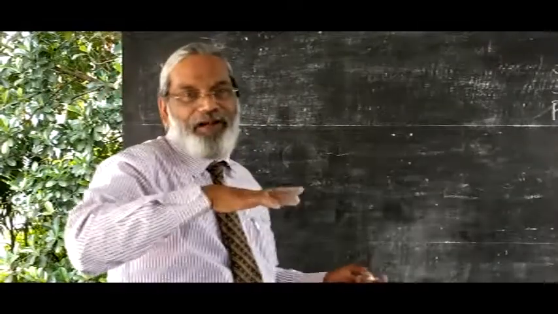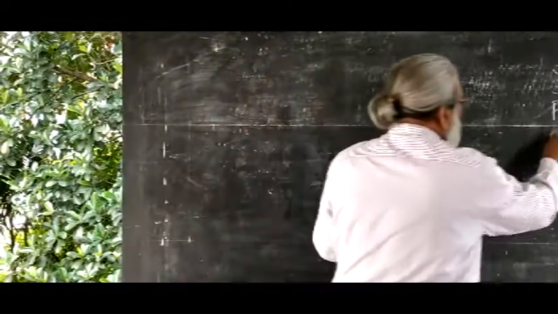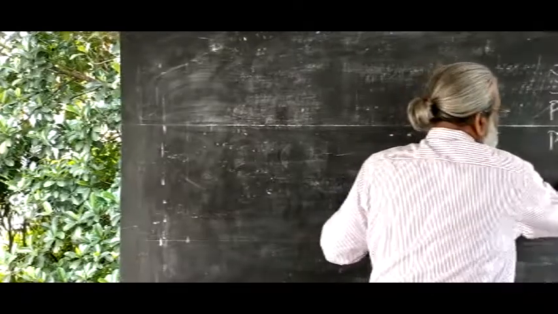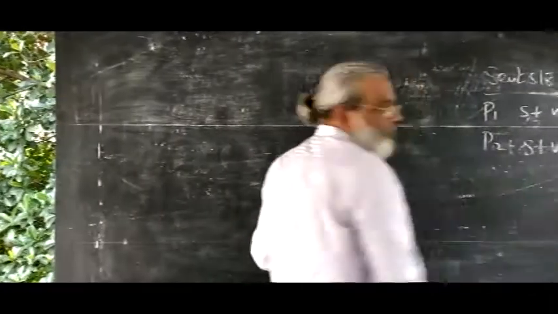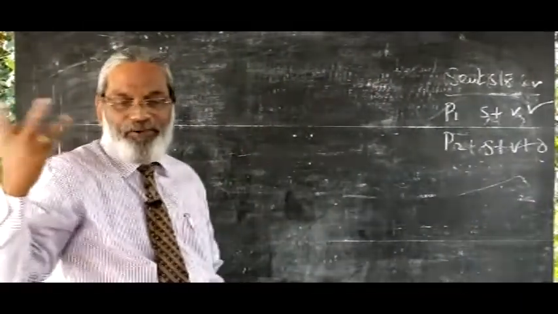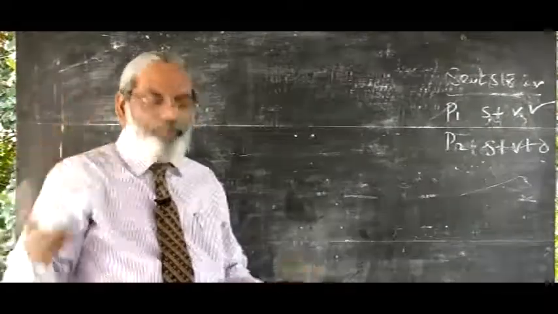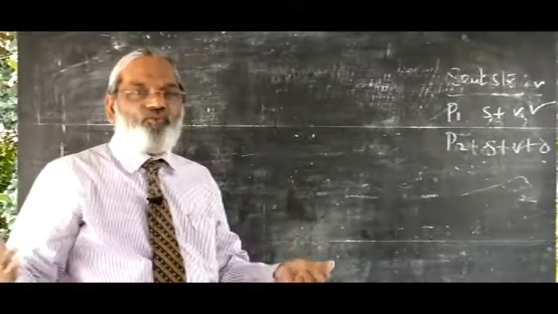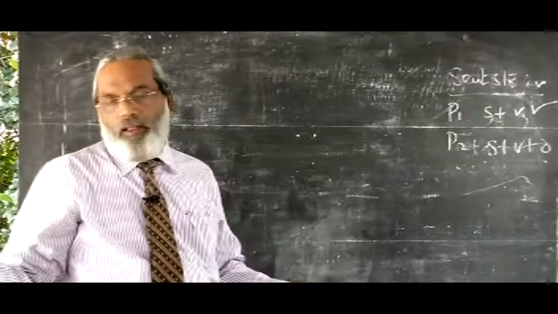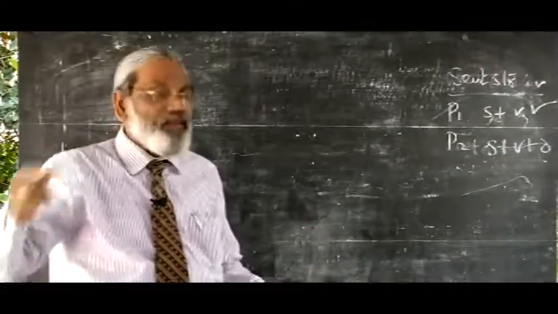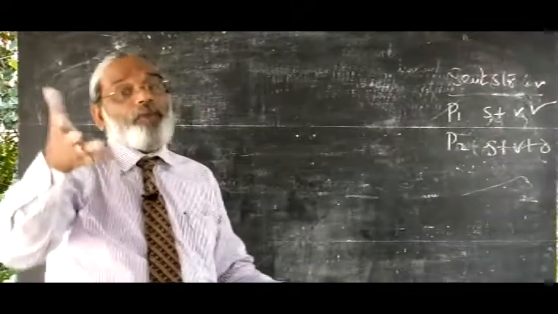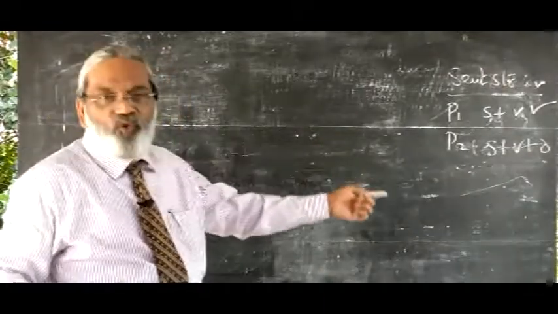Then pattern number 2, S plus V plus O. From the beginning of the grammar classes, we teach you S plus V plus O. They may ask you to write an essay on that, and you elaborate in this way.